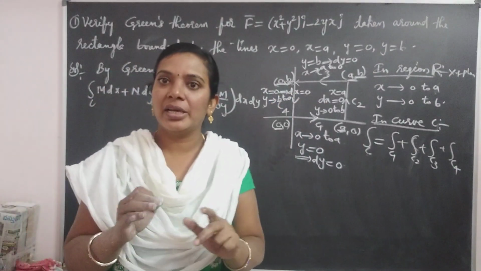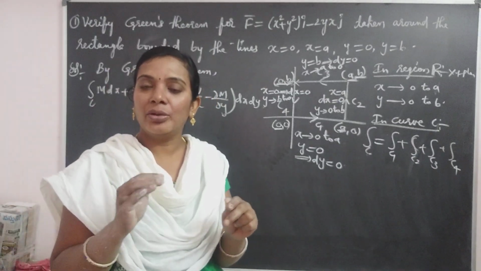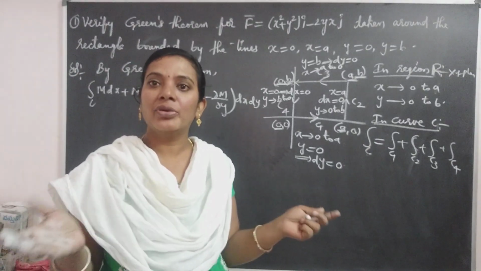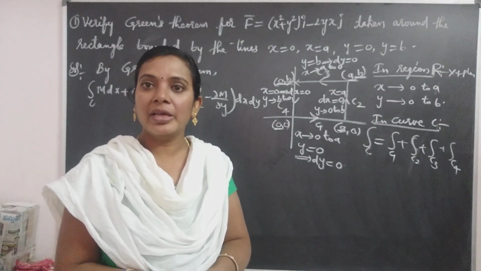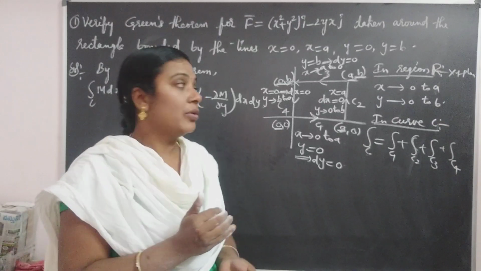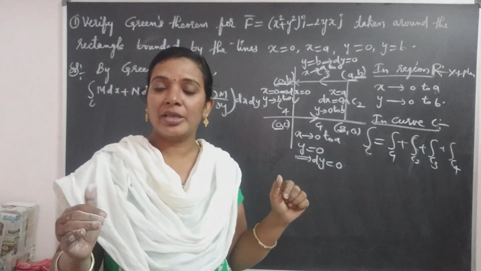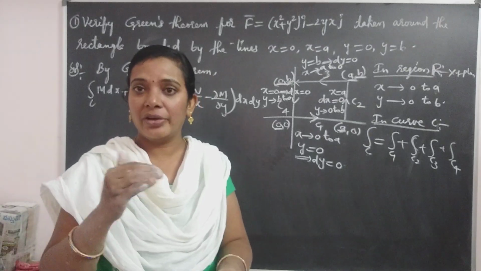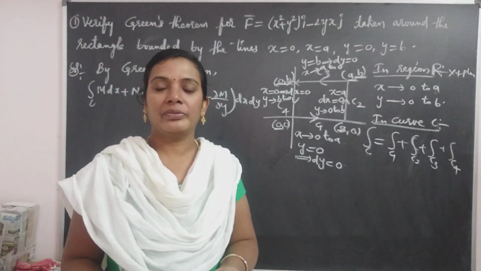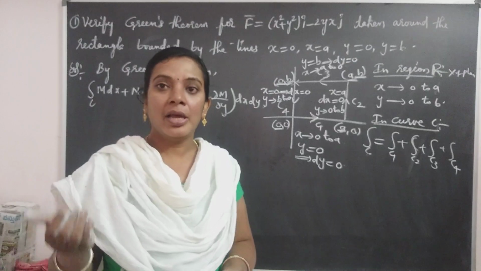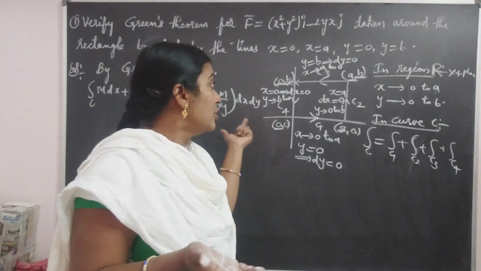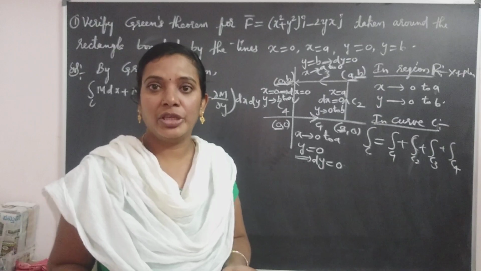If we have the idea about the line integral, a simple closed curve in a rectangle with 4 sides is divided into 4 curves: C1, C2, C3, and C4. Where a variable is constant, we take its value and its derivative is zero, and we integrate the other variable: 0 to a in C1, 0 to b in C2, a to 0 in C3, and b to 0 in C4.